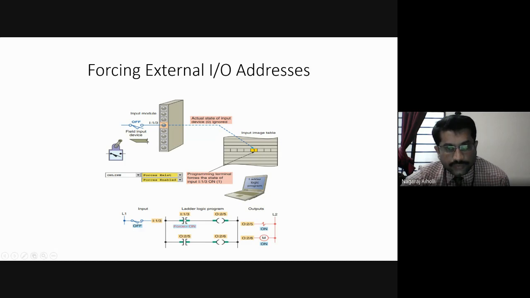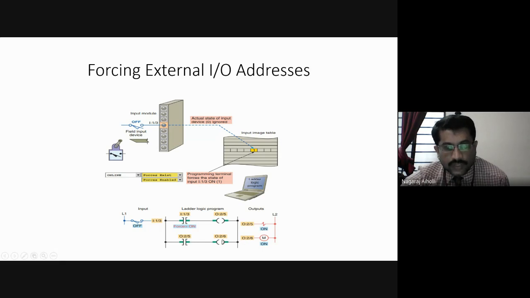So when we are forcing it, this is examine if closed. So this becomes closed, the on state, and the output coil will be energized, and accordingly the output device will be turned on. Similarly, here the contact on the input side is also examine if closed. This becomes true, O:2/5, and again the output coil will be energized, which is connected in series with the contact O:2/5.